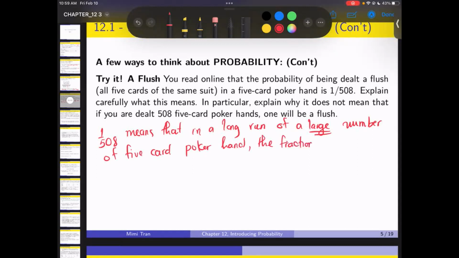The fraction or the probability in which you get a flush is, I would say, approaching 1/508.